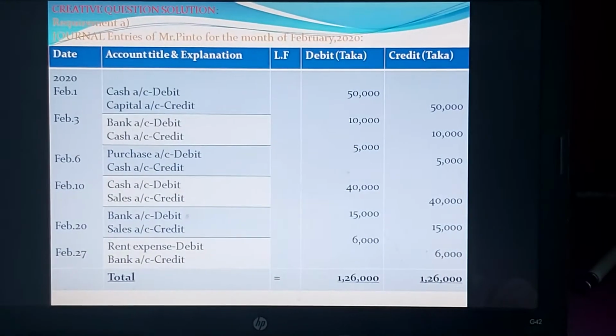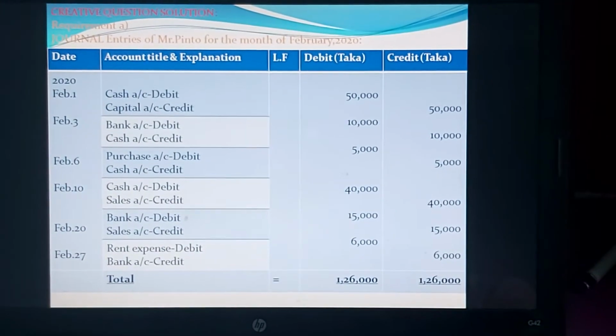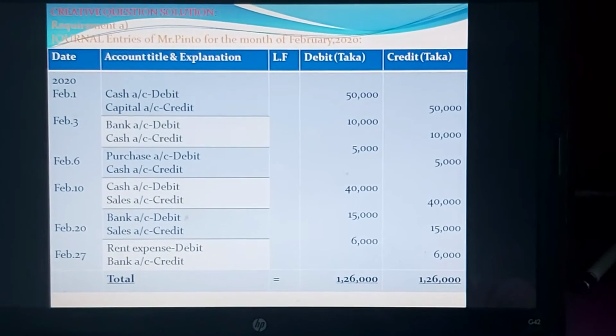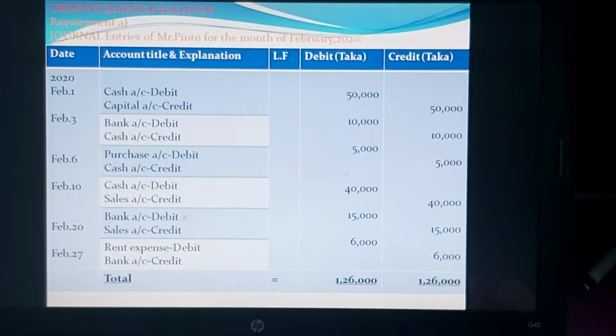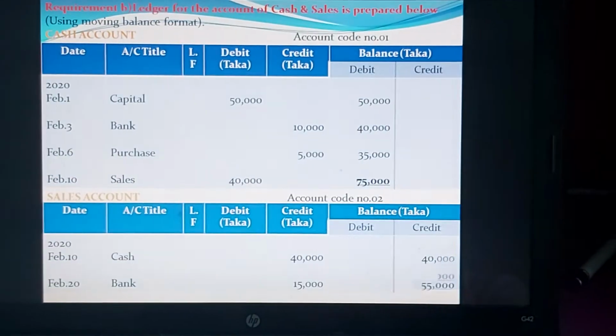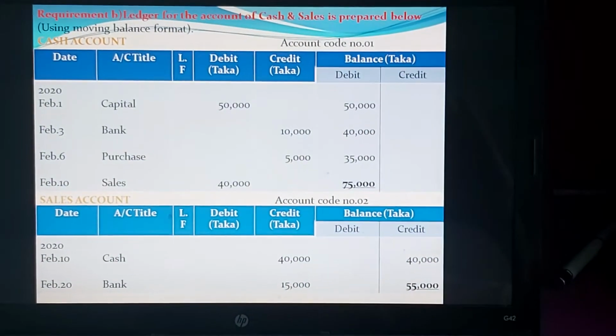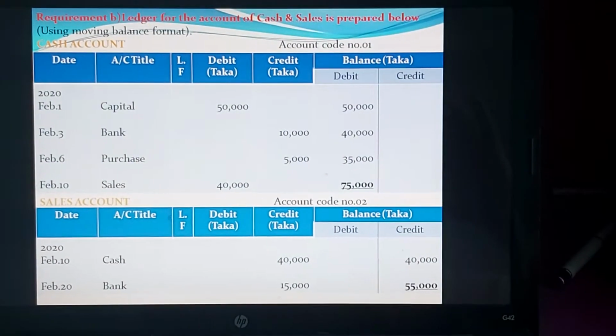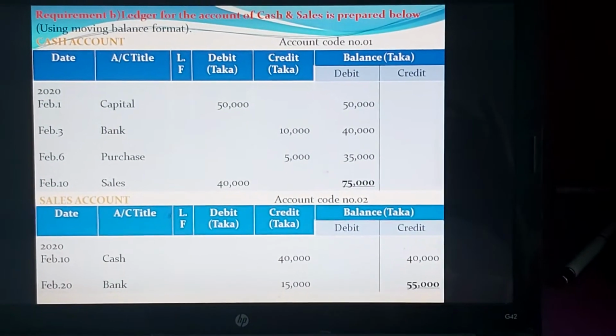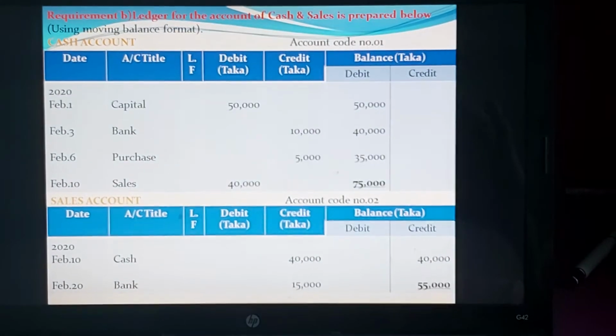Again, you can go to the previous slide. Purchase account debit, cash account credit, February 6: cash credit, but the opposite account is purchase. So you can write February 6, purchase account in the account title column, but cash credit taka 5,000.